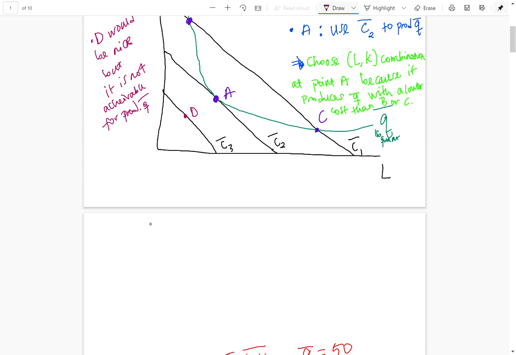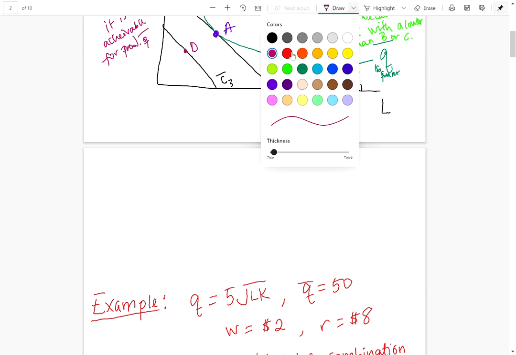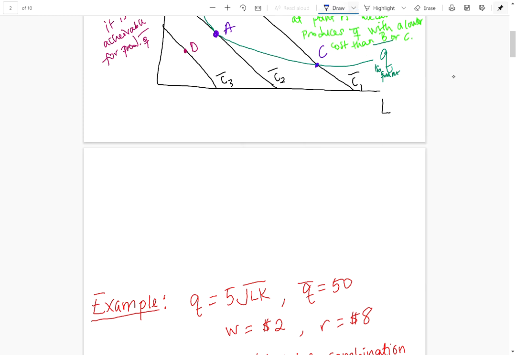Okay, so from the combination of all the stuff we just talked about, we can see that at point A, the isoquant is tangent to the isocost line.